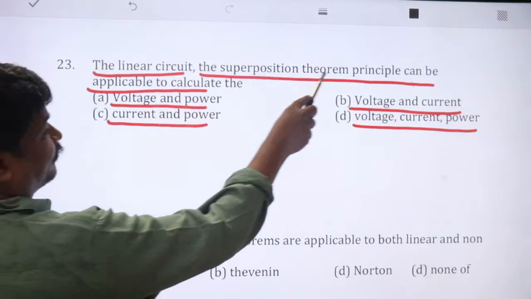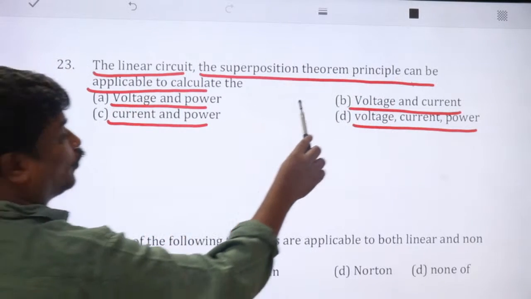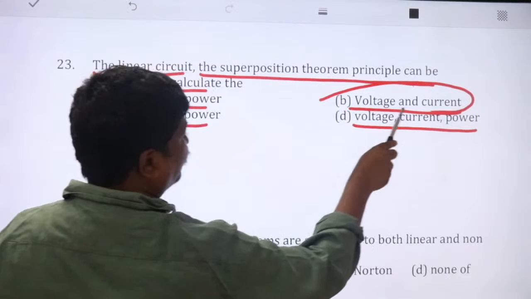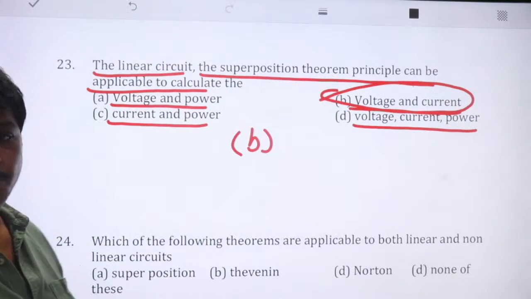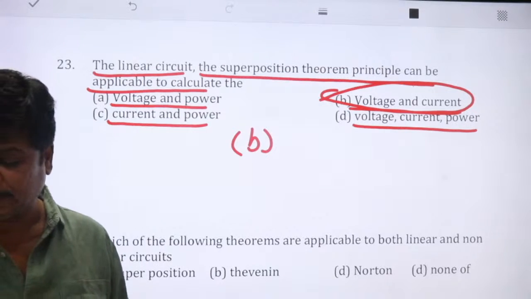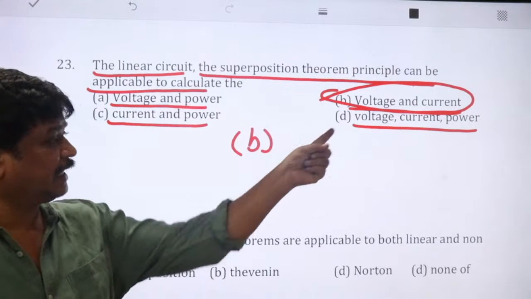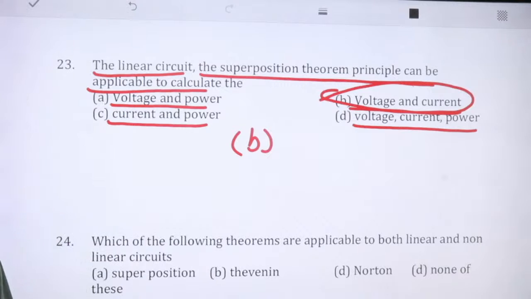Superposition theorem principle can be applied to calculate only voltage and current, not the power. Answer B. Superposition theorem is not applicable to determine the power in a circuit. So many students are answering D, but it is wrong.